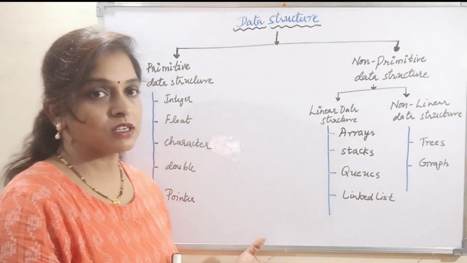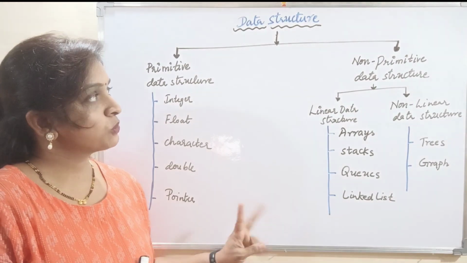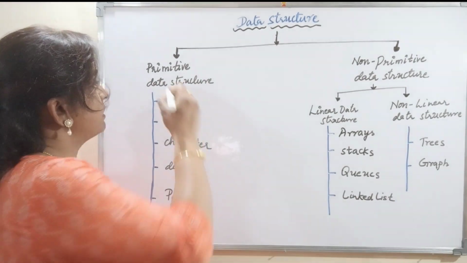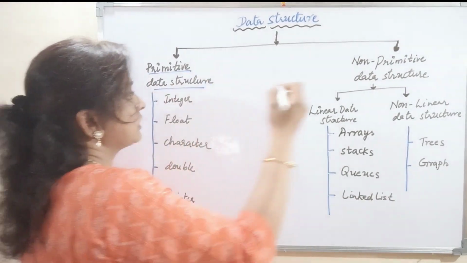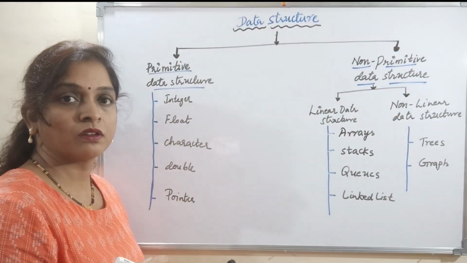This is the broad sketch of the classification of data structure. We have two types of data structure. One is primitive data structure, the other one is non-primitive data structure.